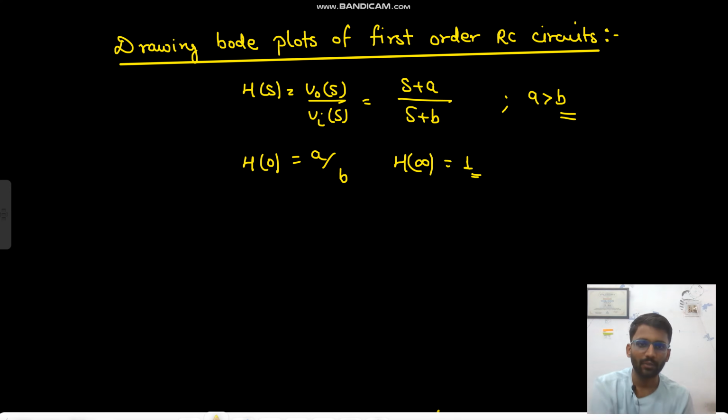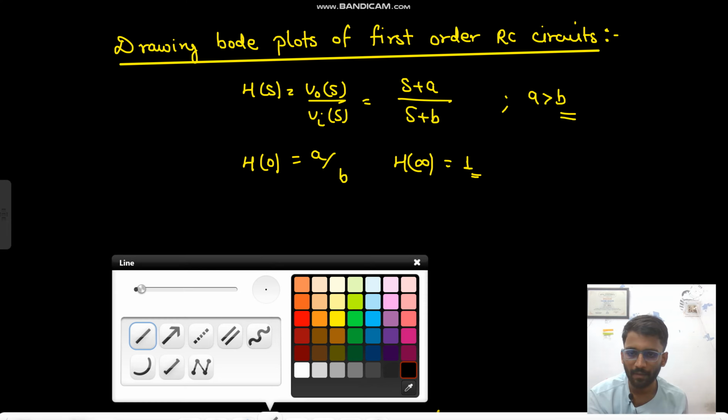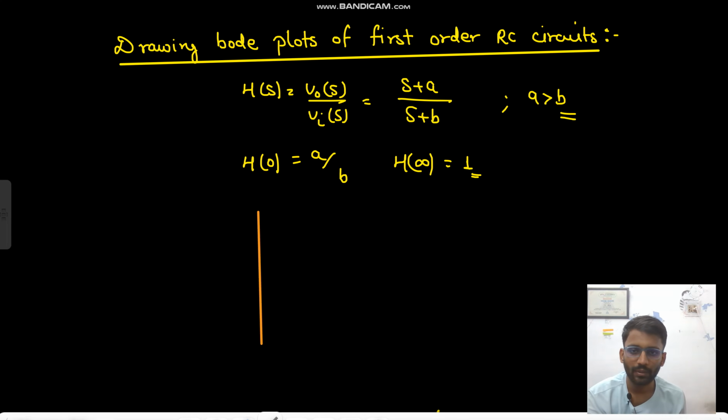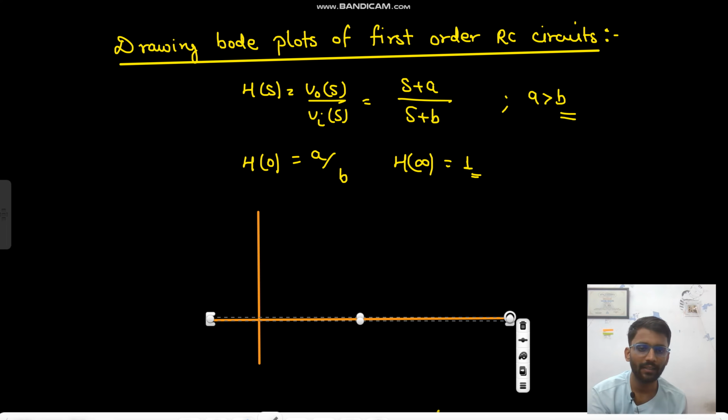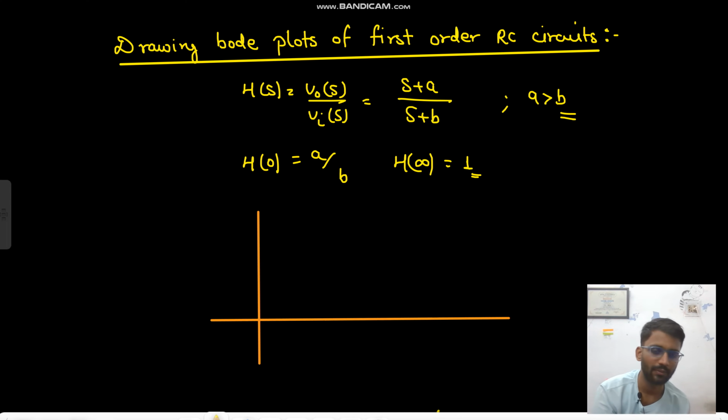Now what we do in Bode plot is that we plot gain, meaning H(s), gain in dB, versus frequency graph.